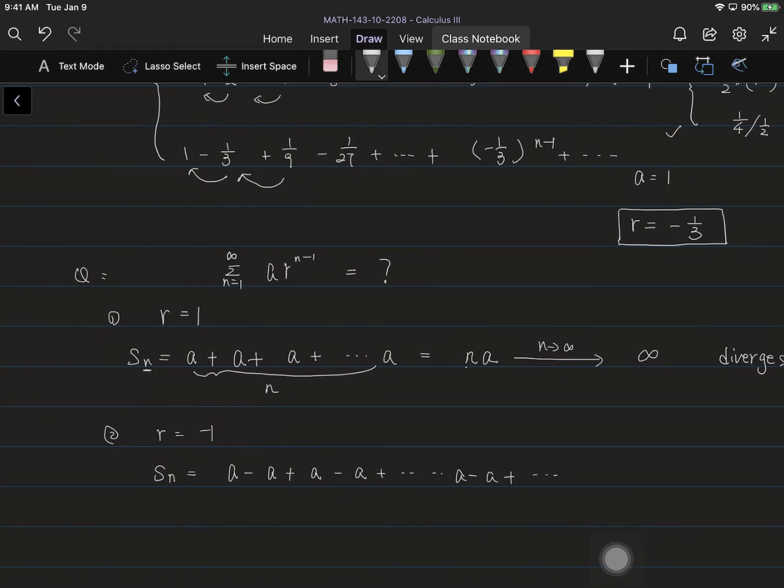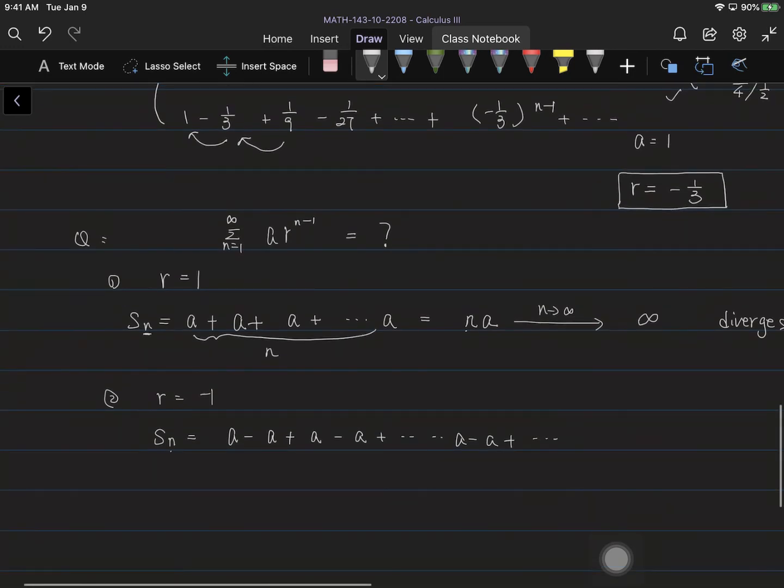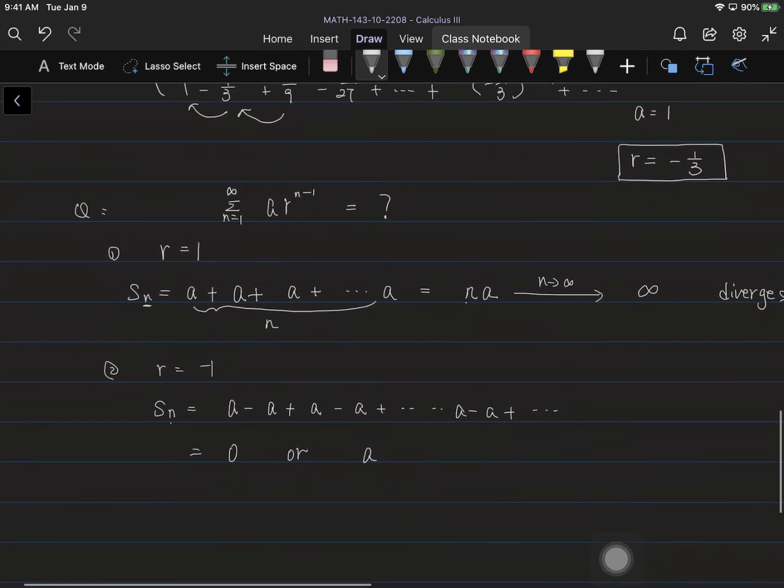So it depends on whether n is an even number or an odd number. If n is even, they all cancel out, which is 0, right? If n is odd, we have an extra term, which is a. So the sum alternates between 0 and a.